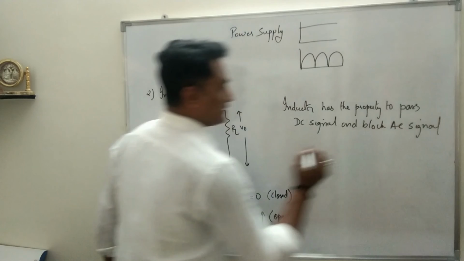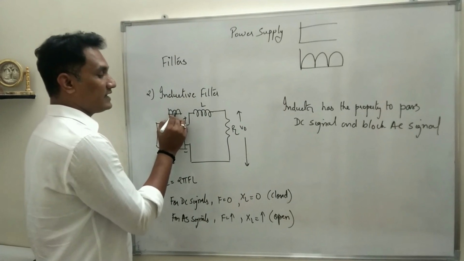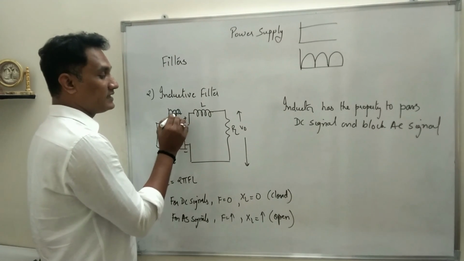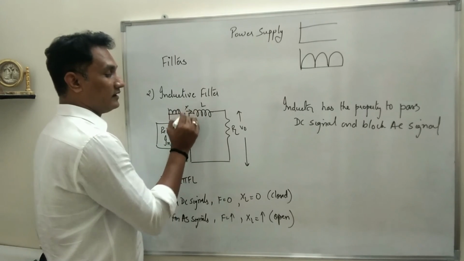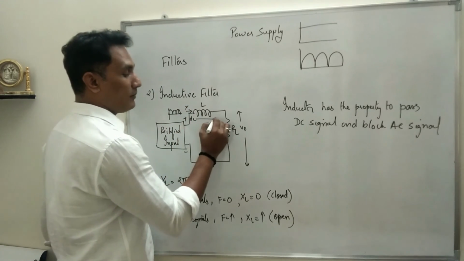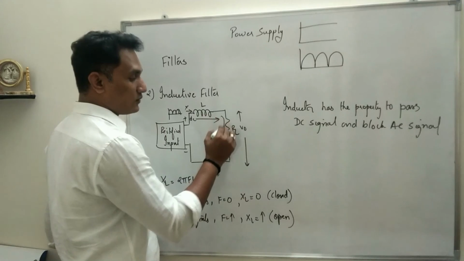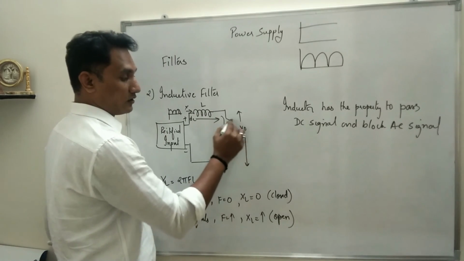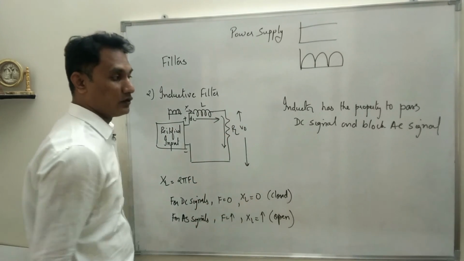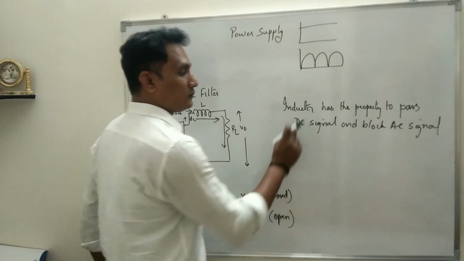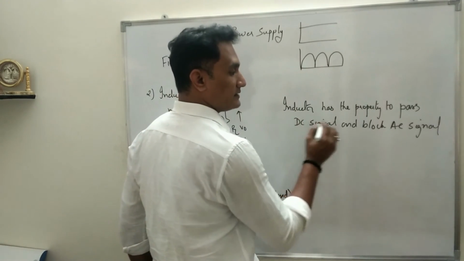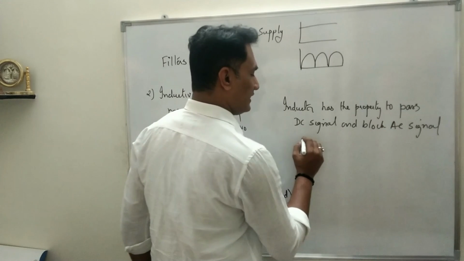In this case the input has both AC as well as DC components. AC is blocked over here, only DC signals will pass through the inductor, and that is why the DC will appear across the load resistance across which the output voltage is taken. So we conclude the inductor has the property to pass DC signal and block AC signal.